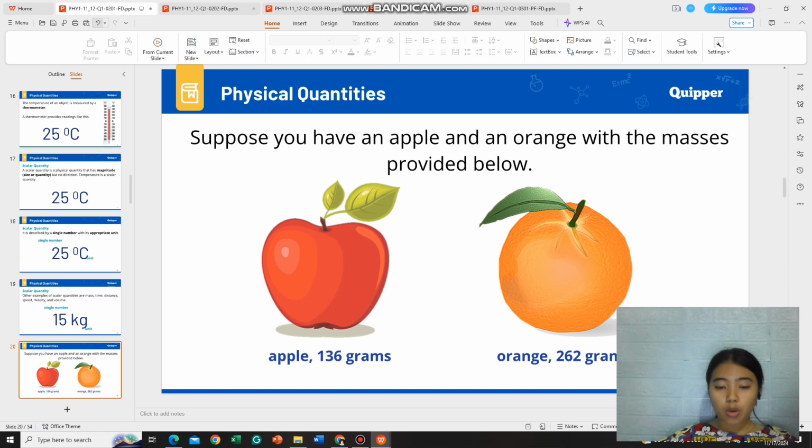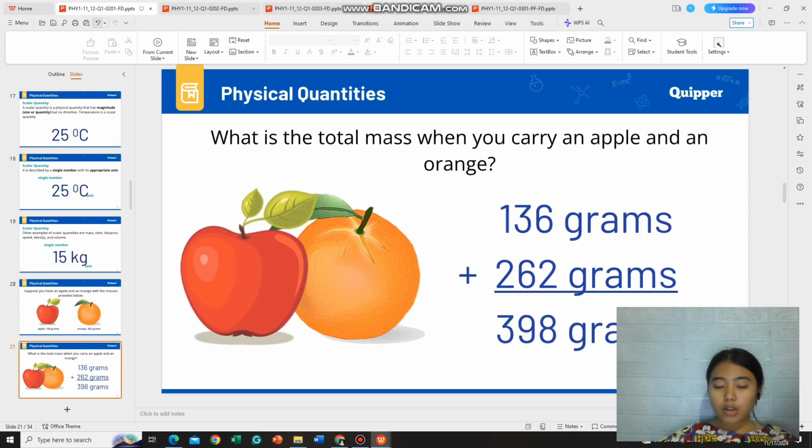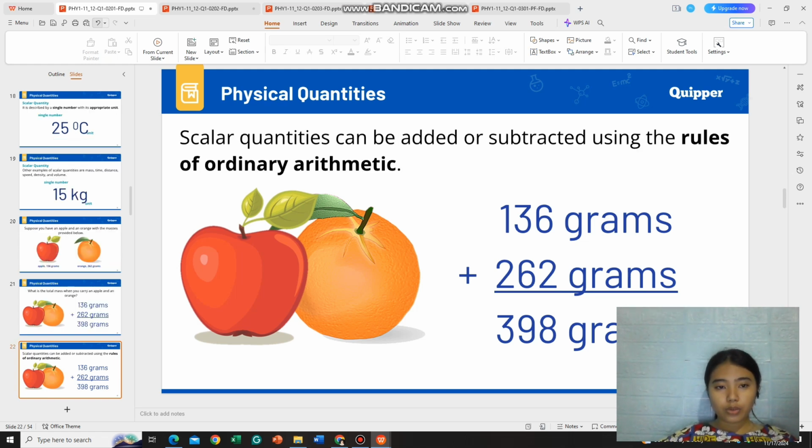We just add the apple and the orange. On the next slide, we will show how to add the two. So, here we get the mass of the apple and orange: 136 grams plus 262 grams equals 398 grams. We copy the grams since they have the same unit. We add the single numbers to get the total mass.